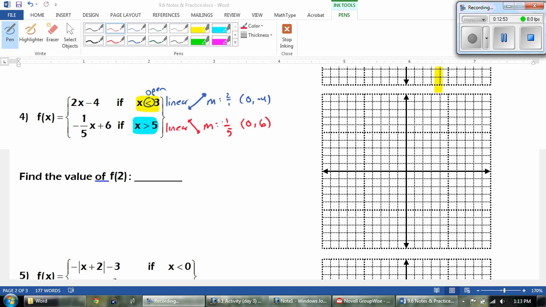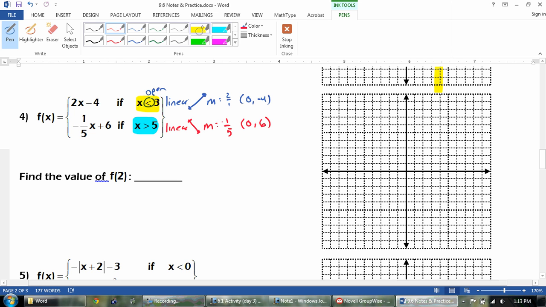Okay, so there's all the information that I had, and now let's go ahead and start graphing. So my limit for the first one is at 3. So I'm going to kind of draw my little line so I know where I'm at. I start at -4.